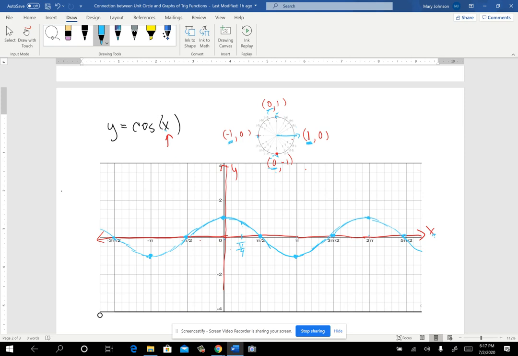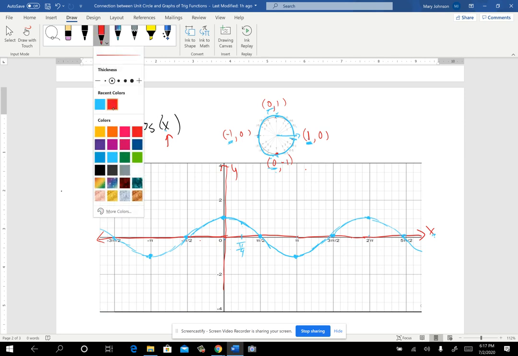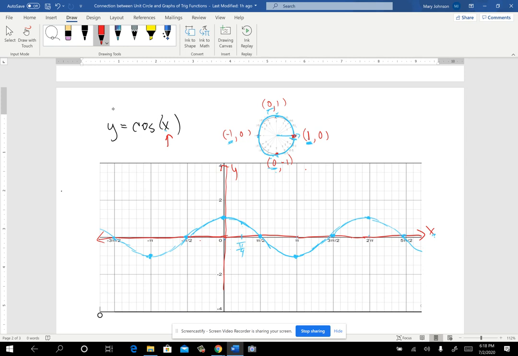And remember what we did is we took this circle and we just cut it right here and unwrapped it. So this spot right here is the spot on the unit circle, okay? And the value of the cosine at that spot is 1. And then this spot corresponds with pi over 2.